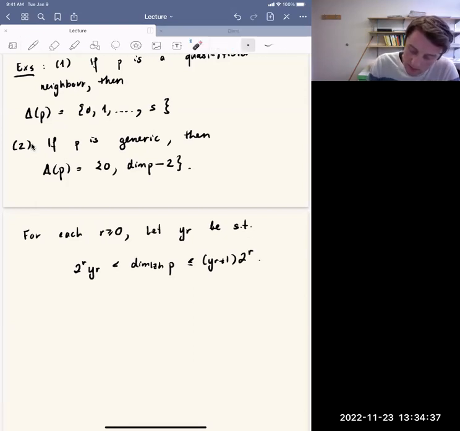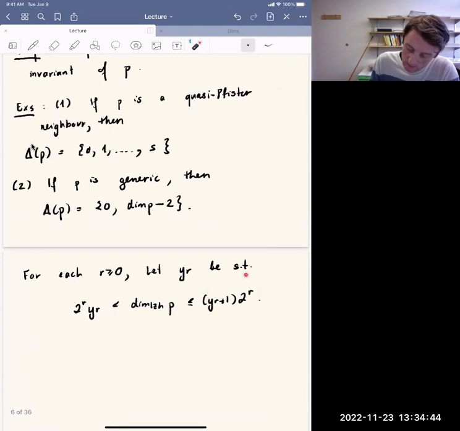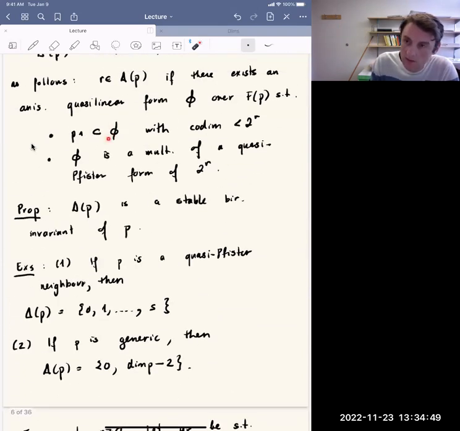So the connection here is that this upper bound should be the dimension. So in the result we're about to formulate, this upper bound appears as the dimension of one of these forms phi, which is divisible by a Pfister form of dimension 2^r.